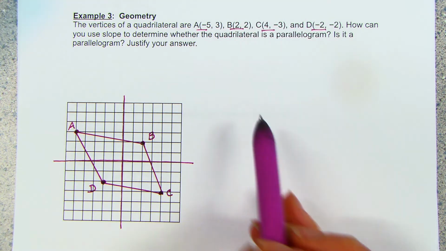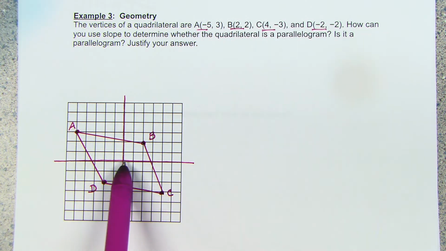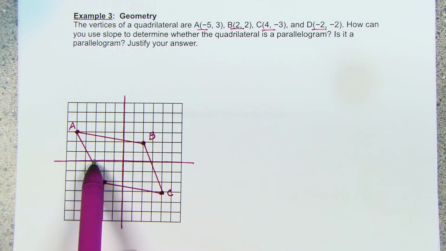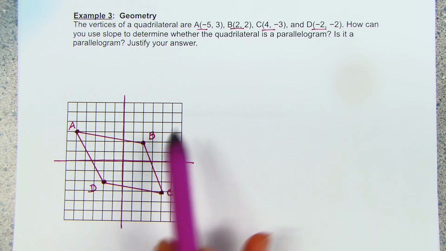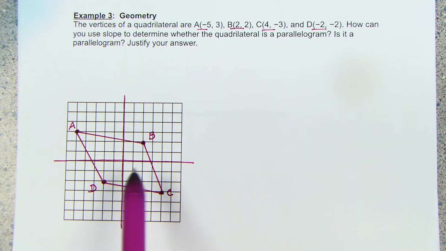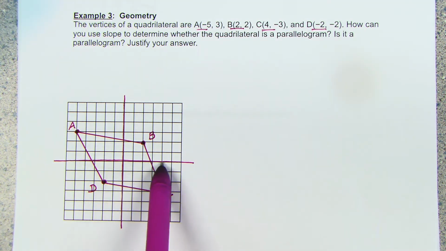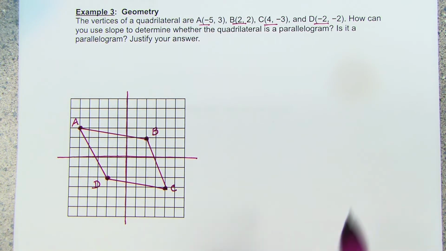I'm just going to double check and make sure I've got that right. Negative 5, 3. Yep, that one's right. 2, 2. We know that one's right because we checked it. And 4, negative 3. Okay. Would hate to do all the math and then have it be wrong.